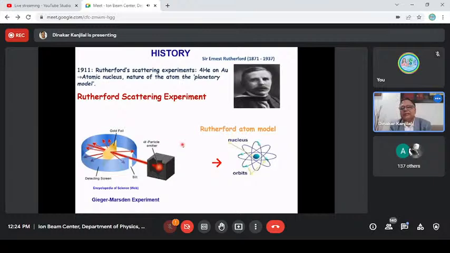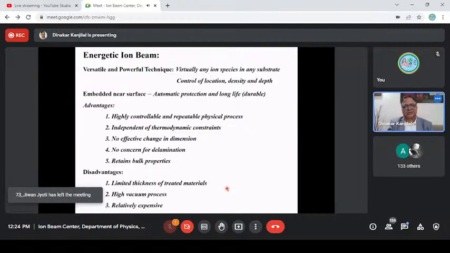Every time this happens, new ideas are not easily accepted by people, so it takes time to establish. Okay. So this is the background on which charged particles made a big impact.